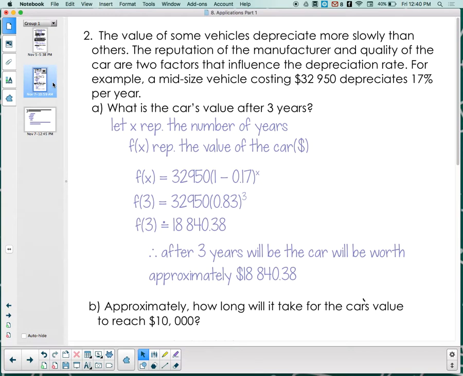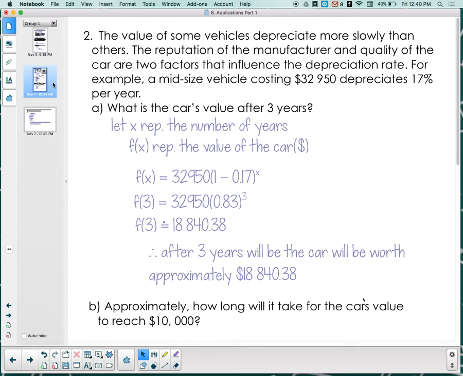So I'm going to let X represent the number of years, since that's our depreciation time period. F of X will represent the value of the car, since that's what we're talking about. The K will be the initial cost of the car. So K is the $32,950.